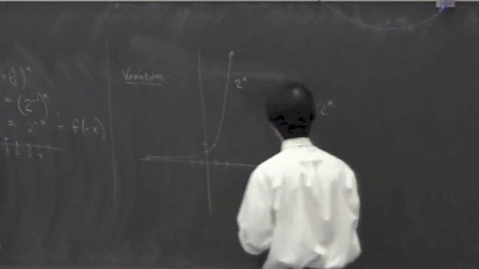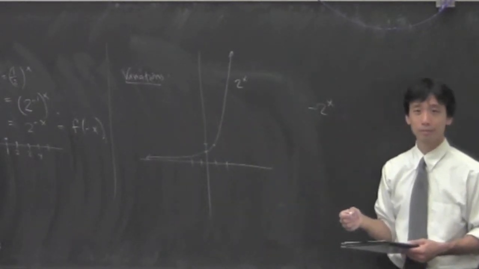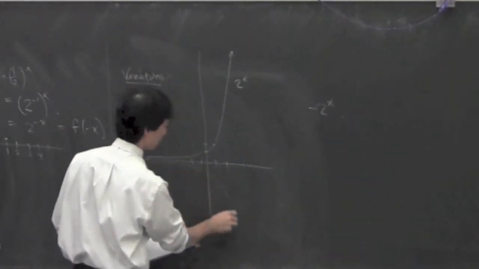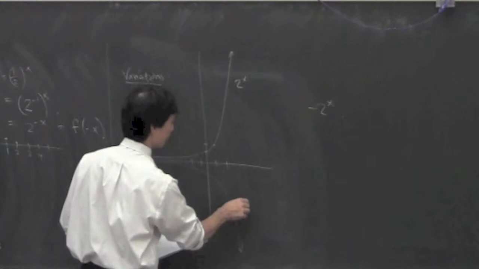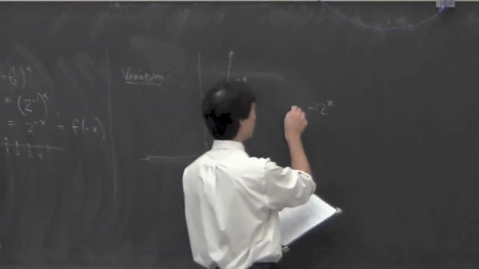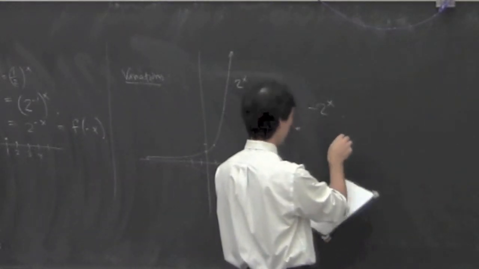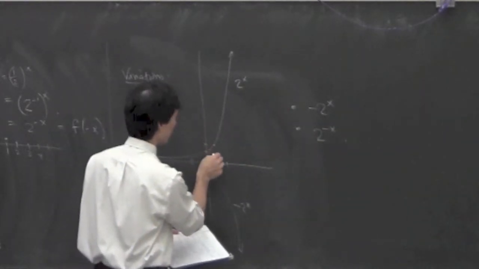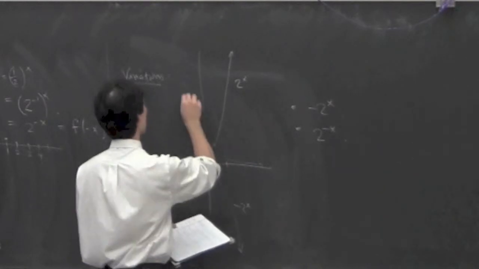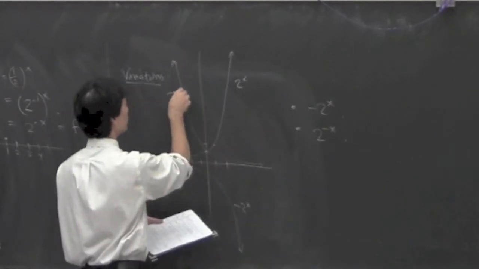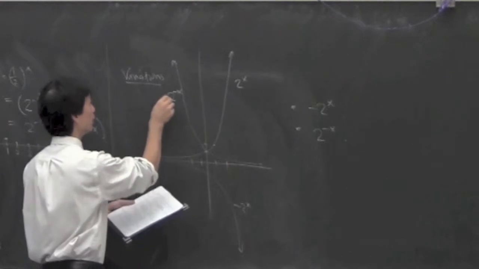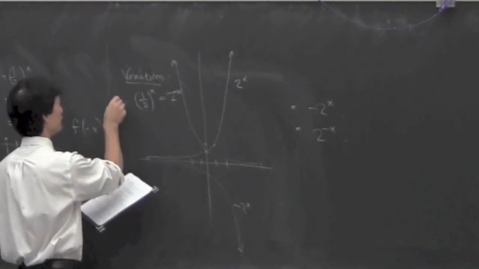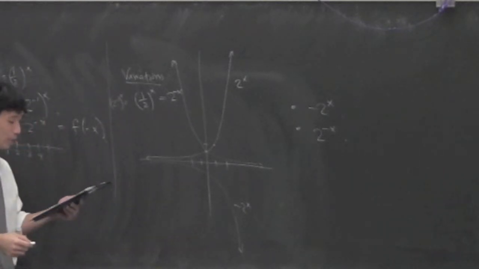What does negative 2 to the x look like? We multiply by negative 1. This guy's negative 2 to the x. What about 2 to the negative x? 2 to the negative x we just said is the flip across. This guy's 2 to the minus x, also known as (1/2) to the x, or (2 to the minus 1) to the x. Those are all the same thing.